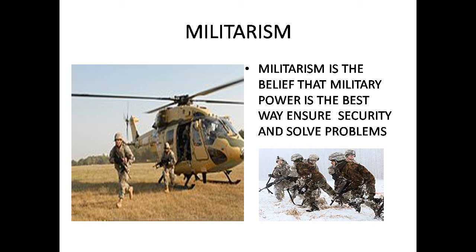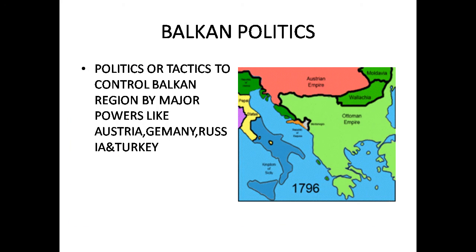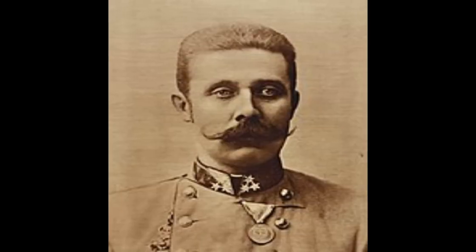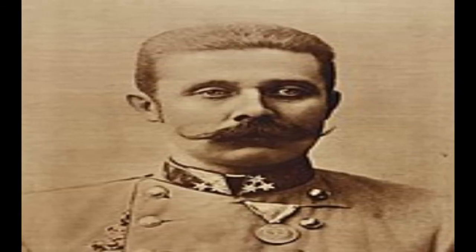And the next one, Balkan politics, which played out in the region of the Balkans, next to the Mediterranean Sea, to the east side of Italy, where you can find this region. The last one, immediate cause, assassination of Archduke Franz Ferdinand.